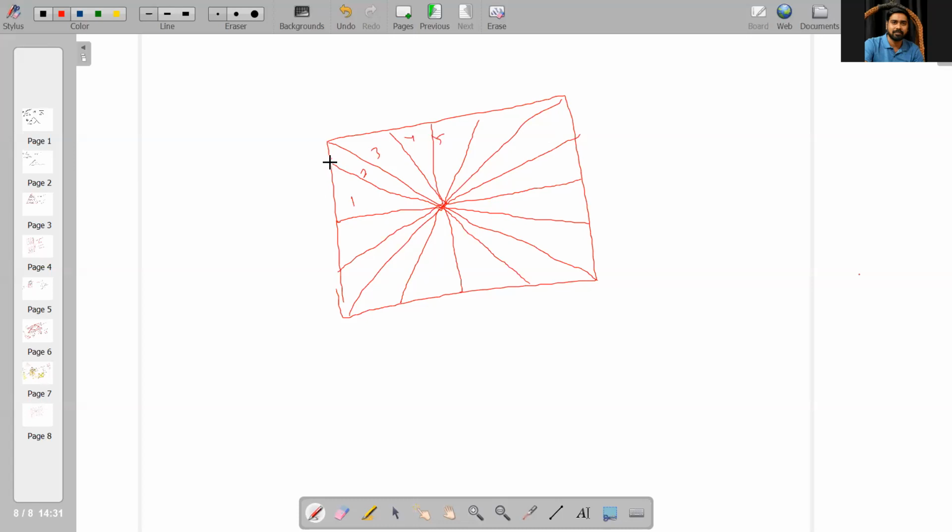Yes, because of these lines. When over here, if you look at the square, as soon as you get lines like this, lines like this, they won't work.